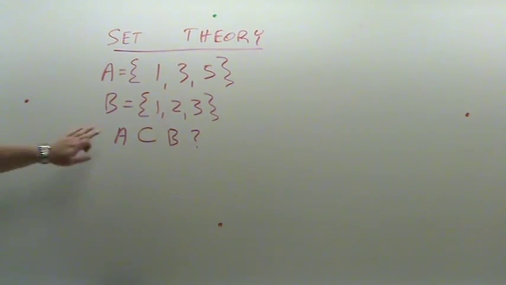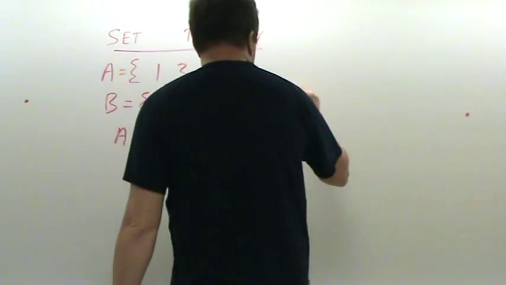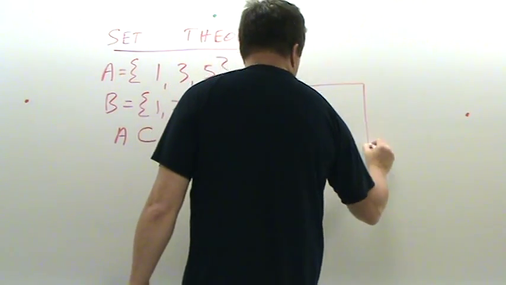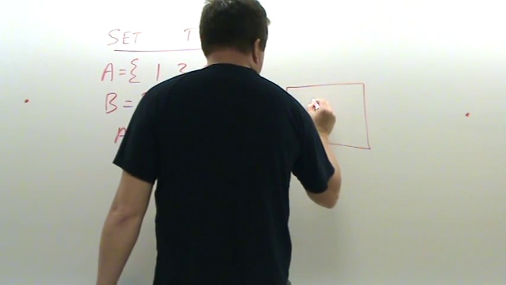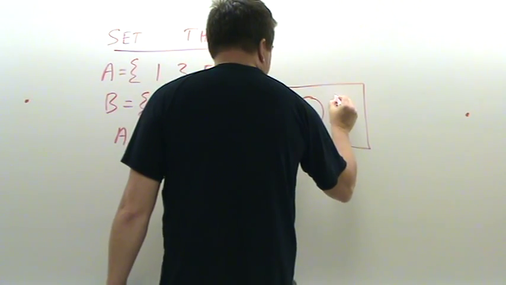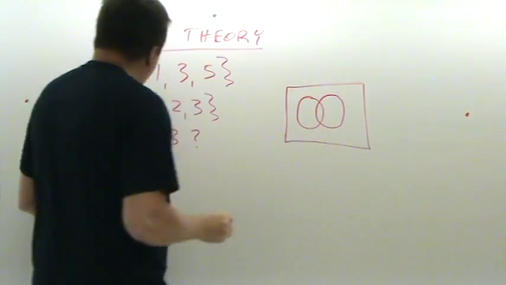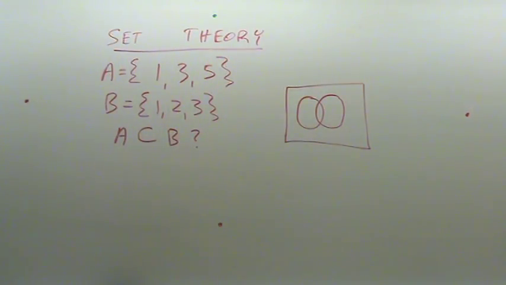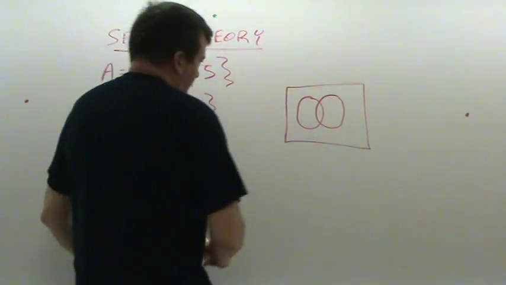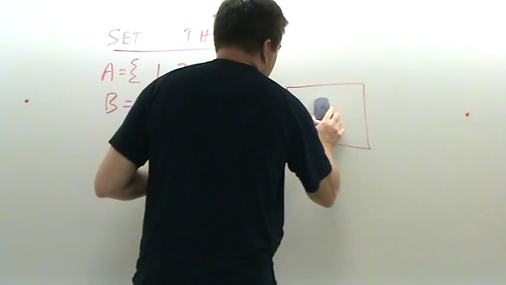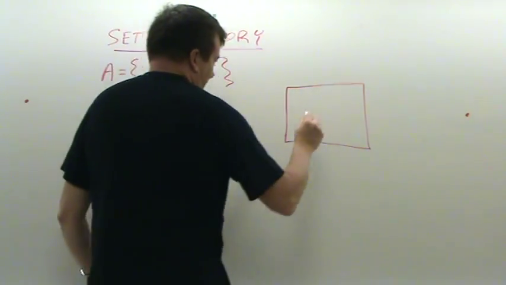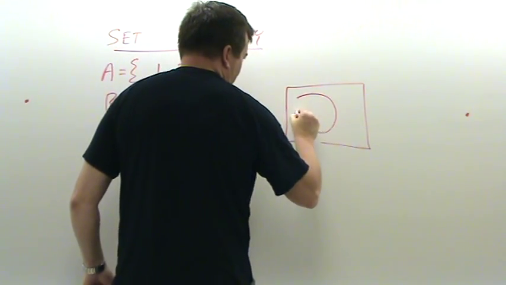So here we're in a situation where I'm going to draw what's called a Venn diagram. We have a set A, we have a set B, and where do they overlap? 1 and 3. So 1 and 3 is where they overlap, right? Let me make the overlap a little bigger.